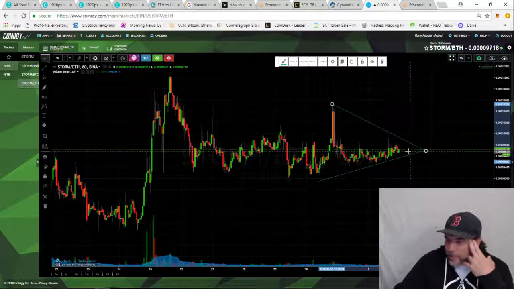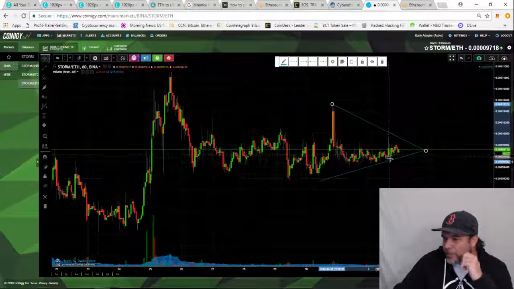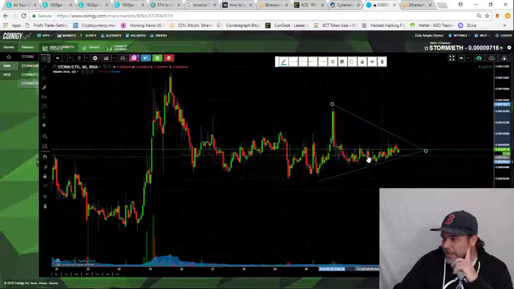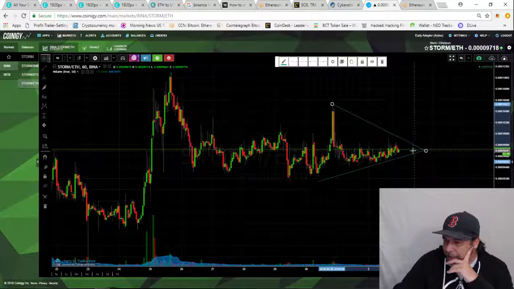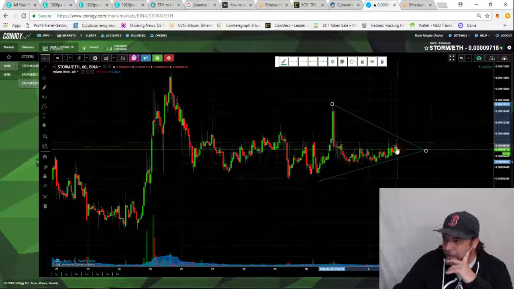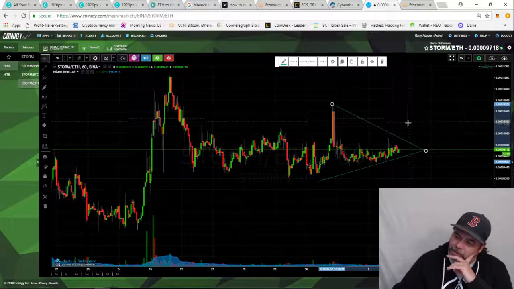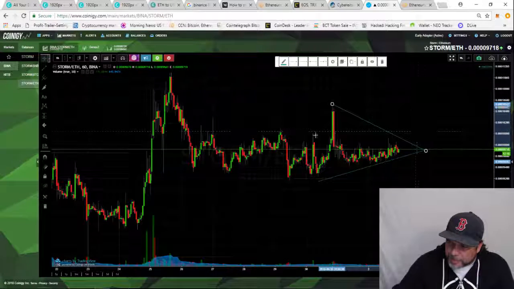So when it gets down to the pinch, because we're in a consolidation and a little bit of a pinch this afternoon, yesterday and today, but it's still going up and down. We're still making money. When it gets to about right here, once it breaks the upward line to drop down, or it breaks the downward line to shoot up, you're going to see a big jump.